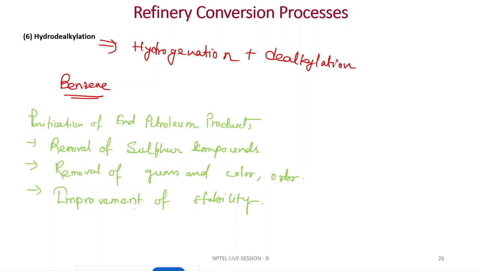Use of the mild hydrogenation process if any unsaturation is occurring. Otherwise, the other treatments listed before that we discussed can also be used to improve the stability.